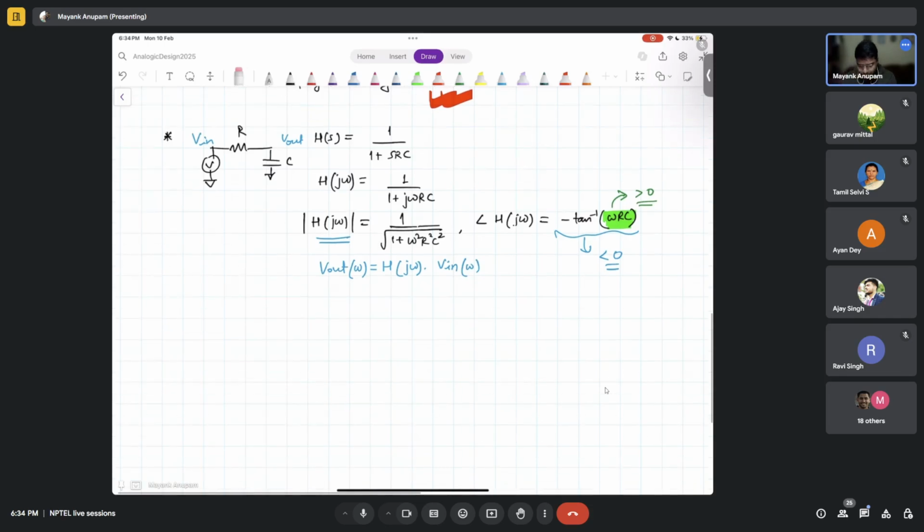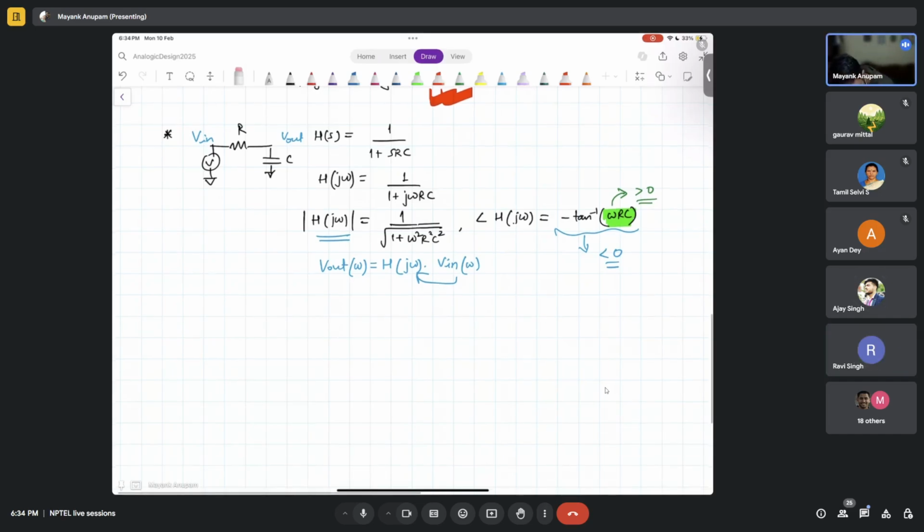So tell me, if the system has this negative phase, what does that mean? Input is getting multiplied by a system which has negative phase response. What does that mean? Phase lag, delay.